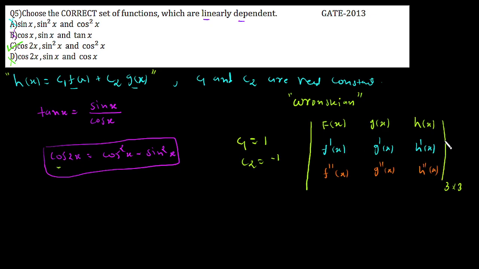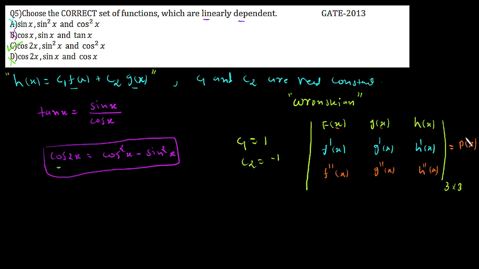After that I find the determinant, and I get some function, let's call it p of x, because after finding the determinant you get a function in the variable x.